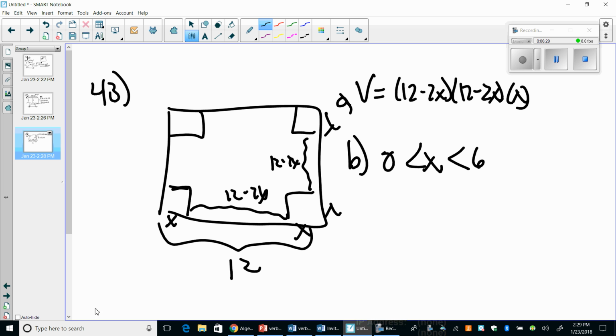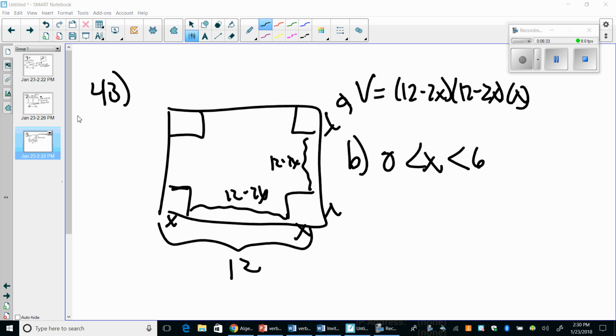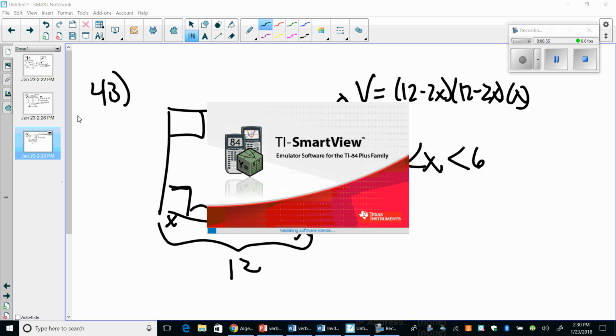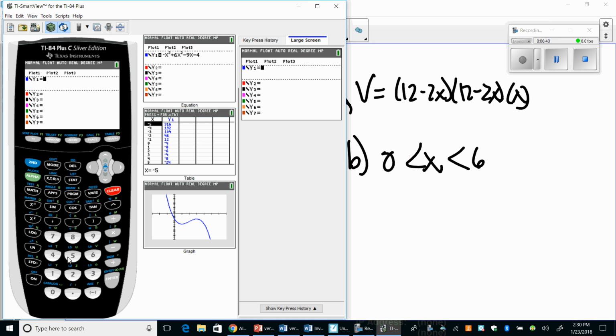So I'm going to go to my calculator, and I'm going to type this in. 12 minus 2x times 12 minus 2x times x. Whoops, I need to put parentheses around that probably. 12 minus 2x, that's the length, times 12 minus 2x, that's the width, times x.